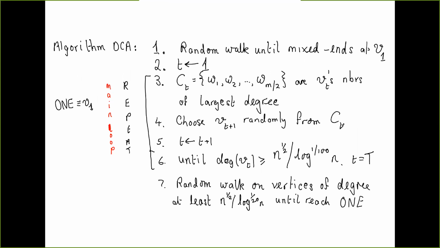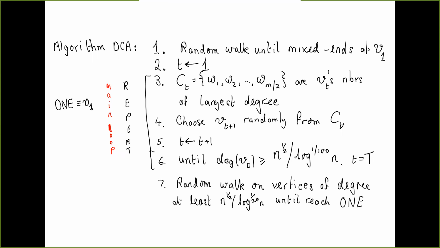So we start at V1, and we keep track of the steps, call it T. Let's suppose you're at VT at time T. You look at all the neighbors. You've got at least m neighbors, so CT will be the half m neighbors of largest degree.